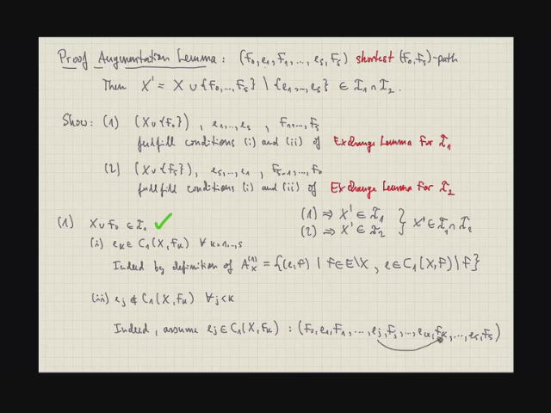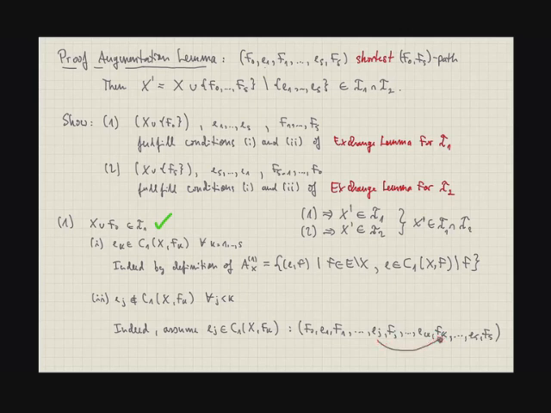And now you see why it was important to assume that we pick a shortest path, right? Because this was the shortest path to get from F0 to Fs. And the existence of this edge, shortest by the way with respect to the number of edges, would mean that there is a shorter path.